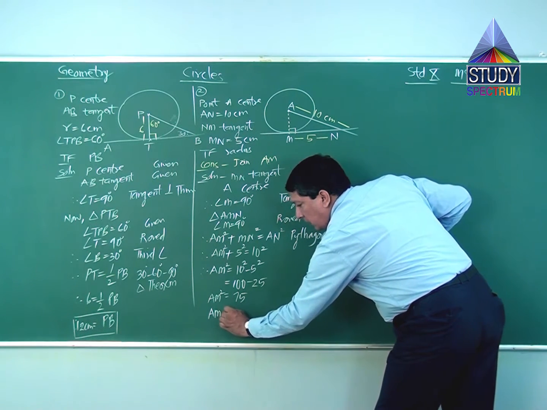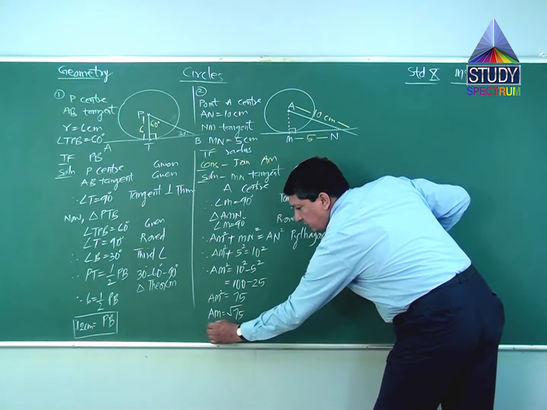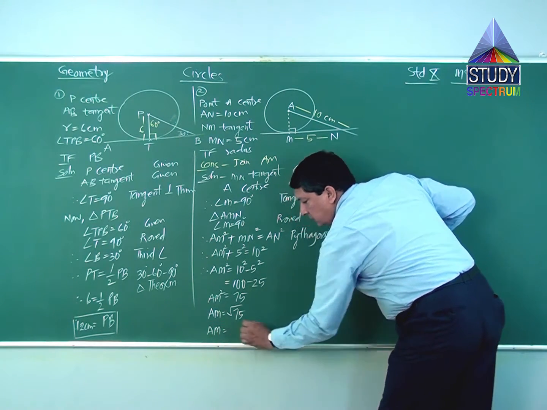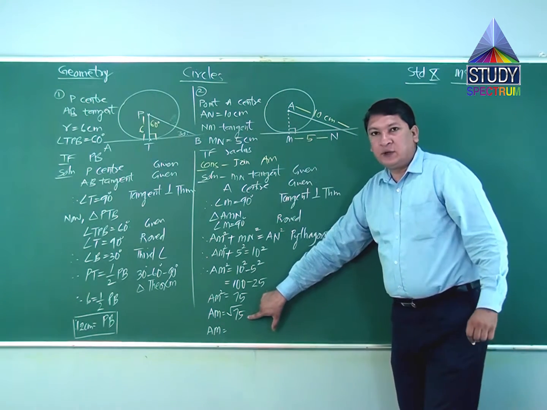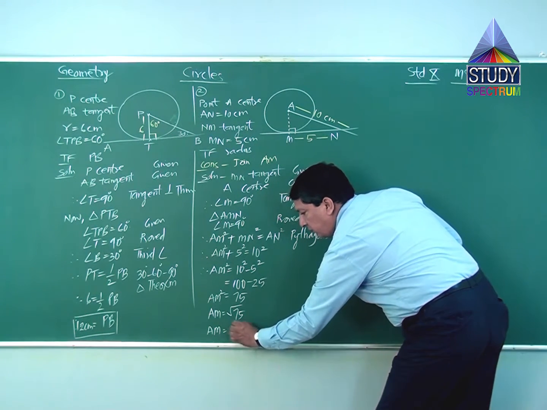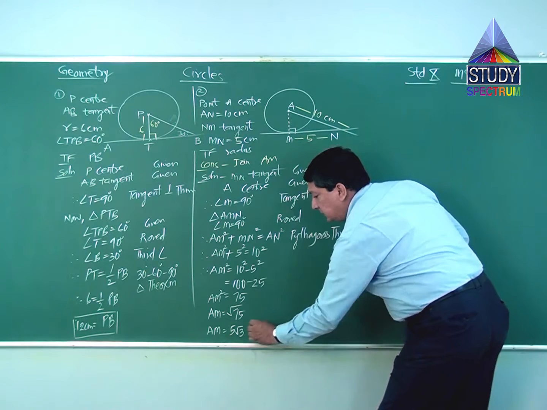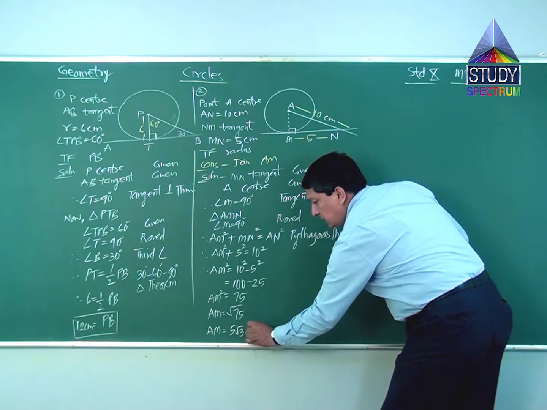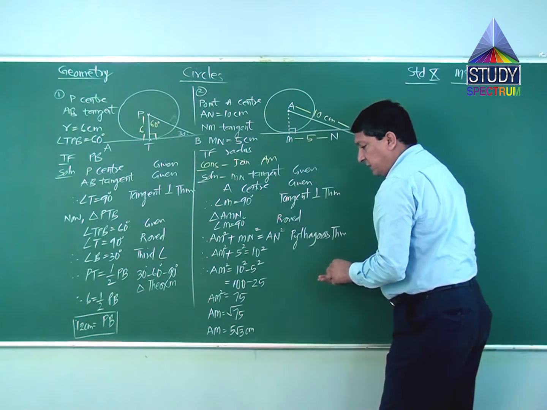AM is under root 75. If you look at it, 5 fives are 25, into 3, is 75. So AM gives you 5 root 3 centimeter.